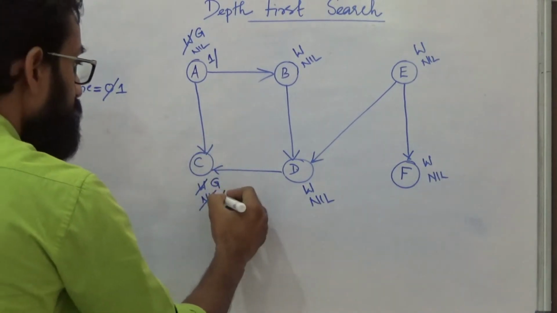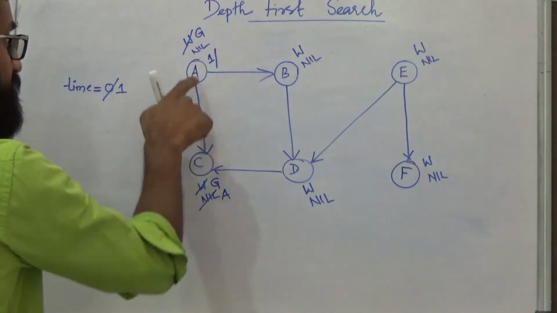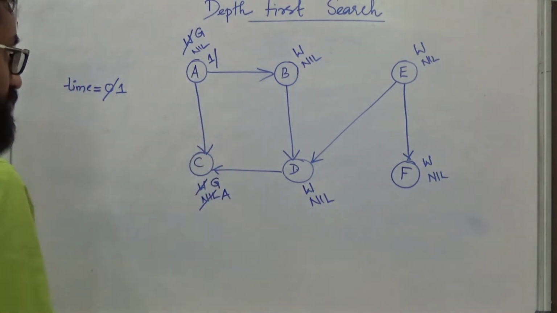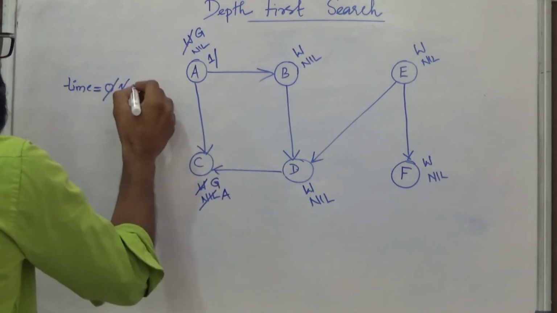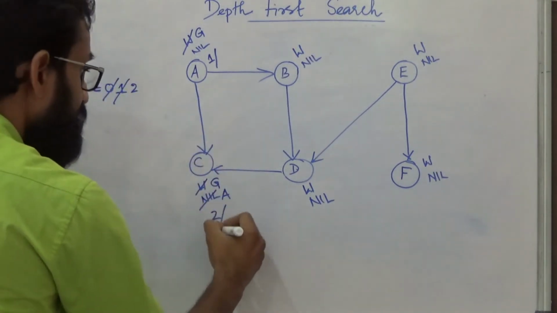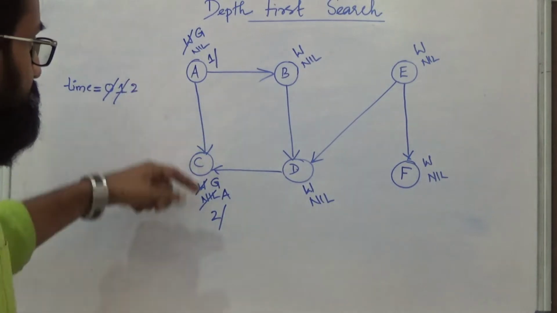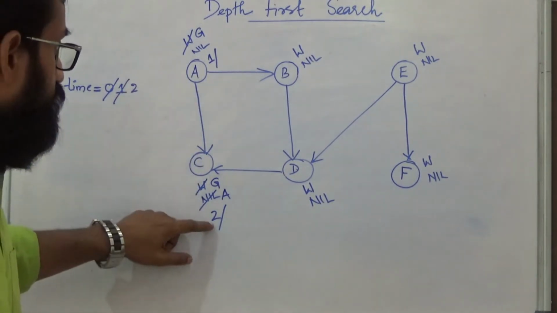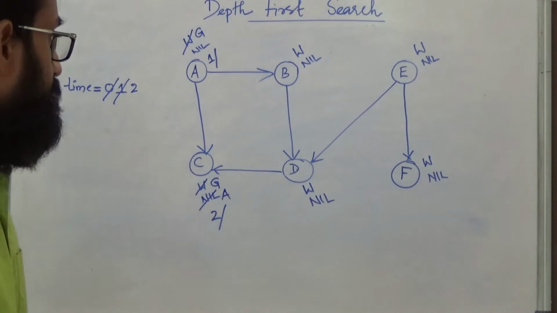Predecessor will be set as A because you have discovered C from A. Whenever you discover a node, increment time by 1 and that time will be fixed as the discovery time. That is, at instant 2 you have discovered C.